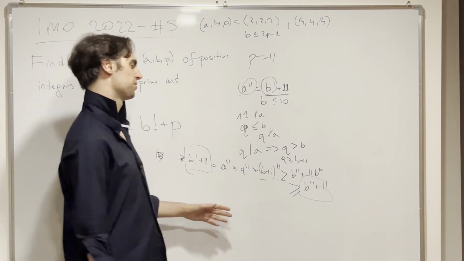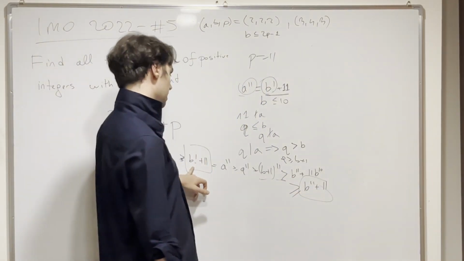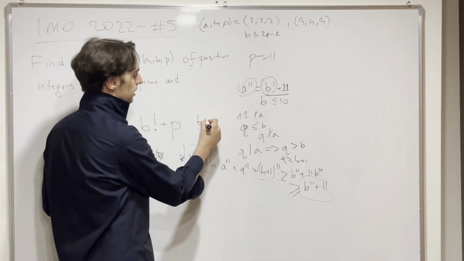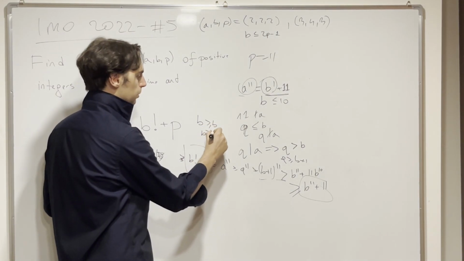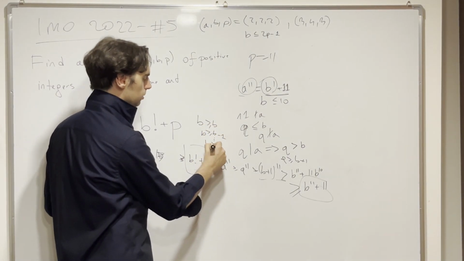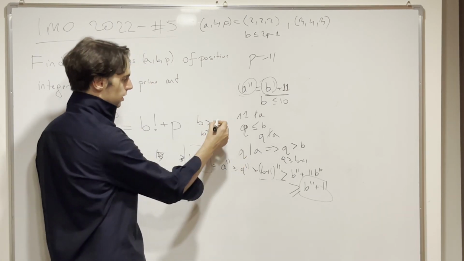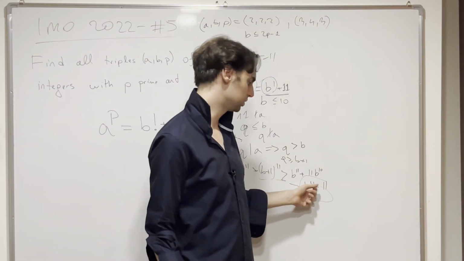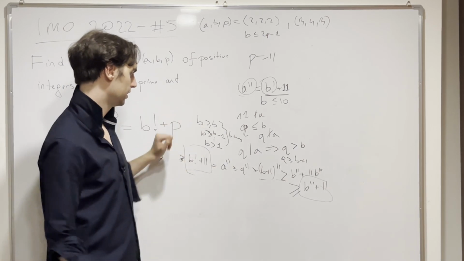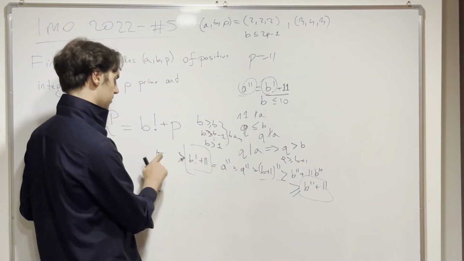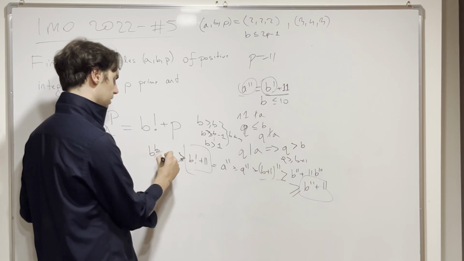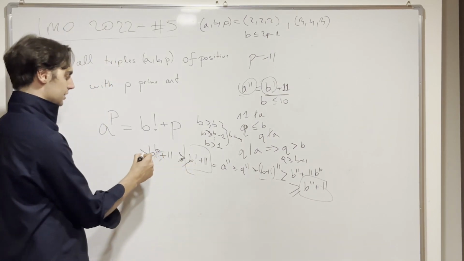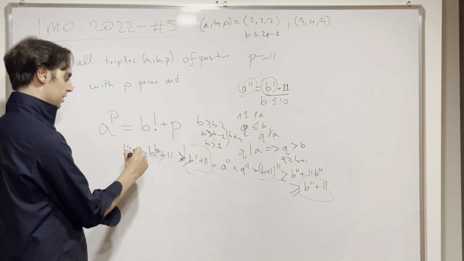So now, why is this a contradiction? Well, B to the 11th is bigger than B factorial, because B is greater than or equal to B minus 1, all the way till B is strictly greater than 1. We have B terms here, and B is less than 11, so when we multiply these inequalities through, we get that this is less than B to the power of B plus 11, and even less than or equal to B to the 10th plus 11.